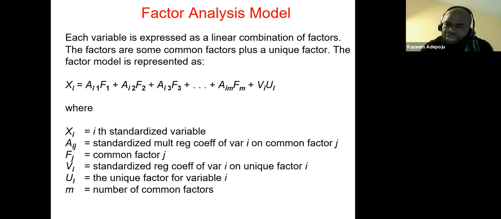That was why I said each variable is expressed as a linear combination of factors. The F1, F2, up to Fm is like having M number of factors that explain a particular input variable.